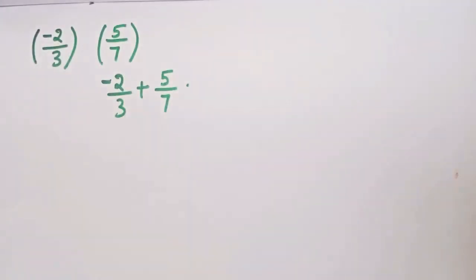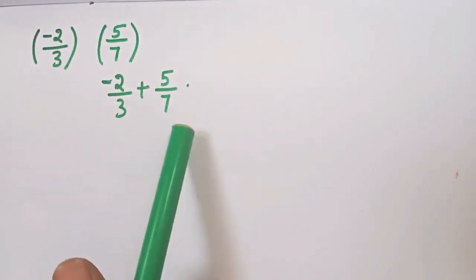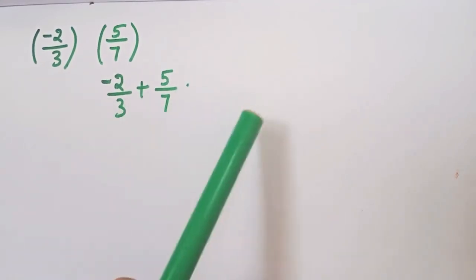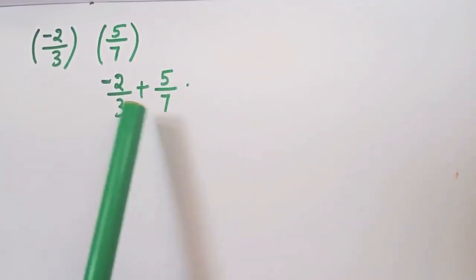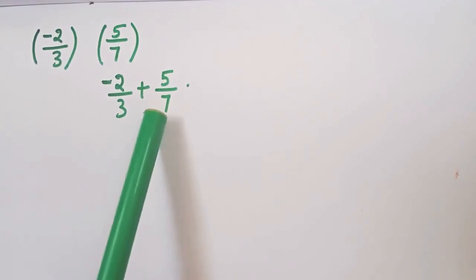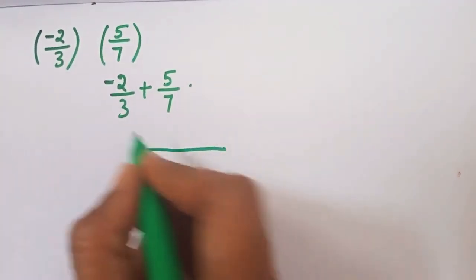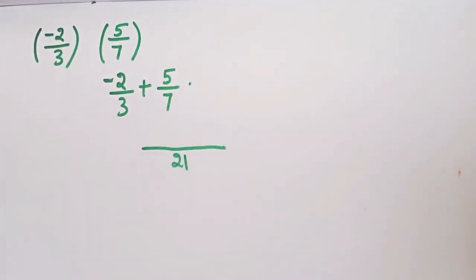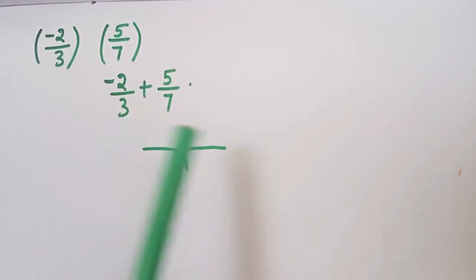As you have seen before, to add two rational numbers, we need to take the denominators and get an LCM of them. As there are no common factors for 3 and 7, we will multiply. We get 21. 3 sevens, 21. So when I divide 21 by 3, my quotient is 7.